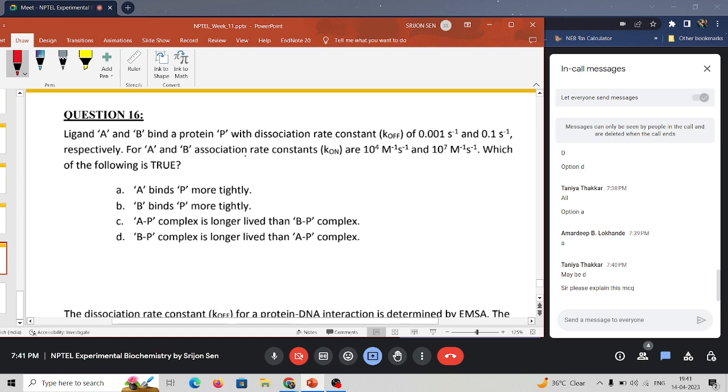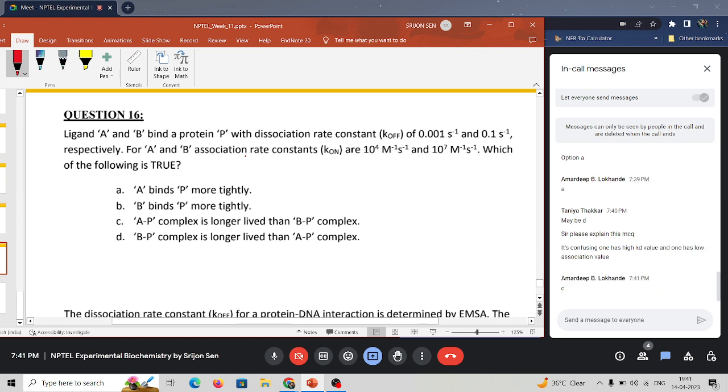So see, if you see the K off, that is your dissociation rate constant for your protein binding with your ligand A, and one has a high value and one has a low value. So for A and P, you have the dissociation rate constant K off, which is 10 to the power minus 3 second inverse.